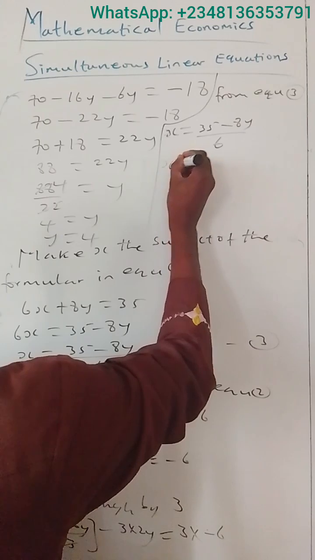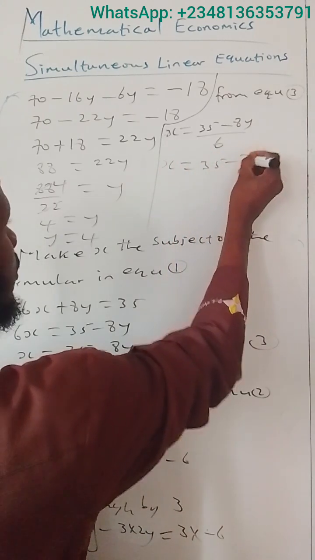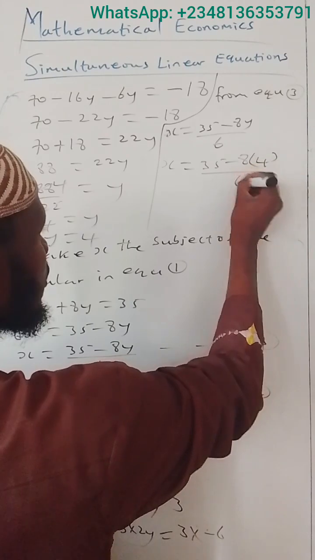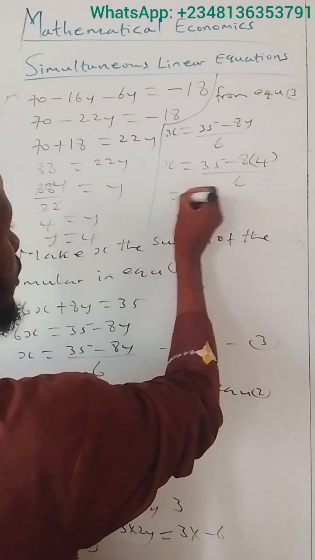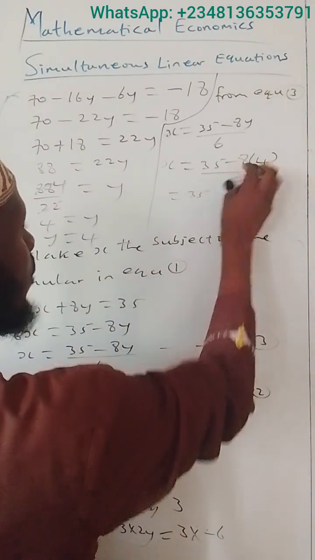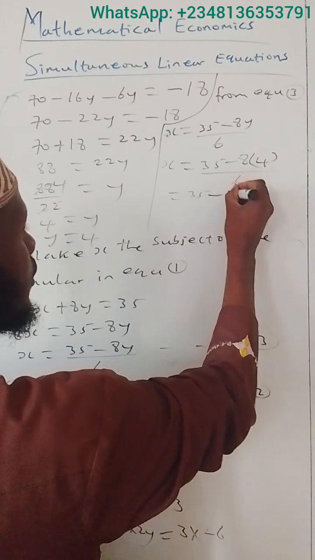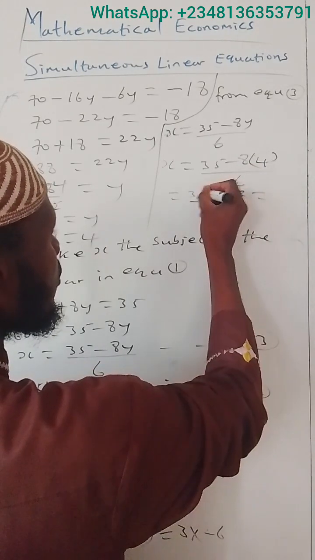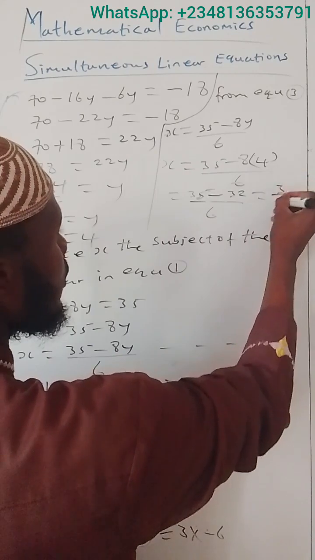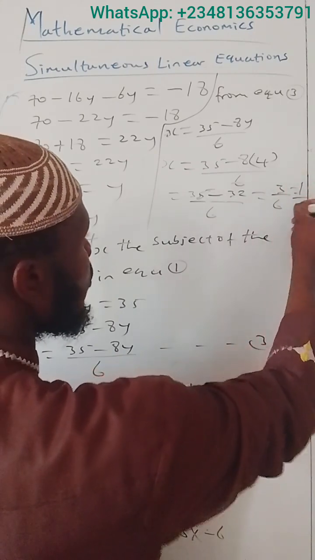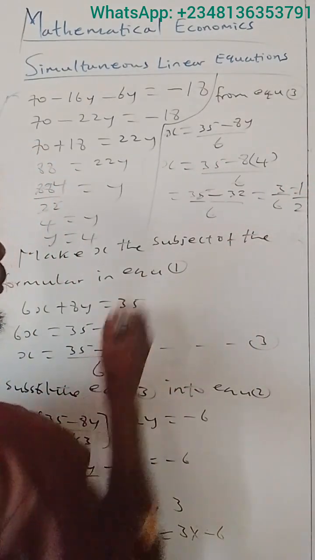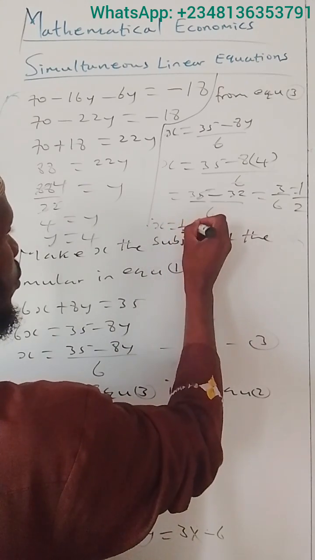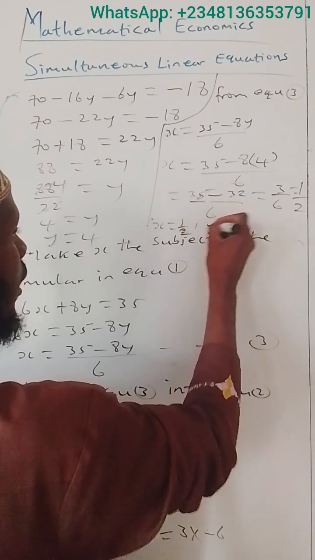Then we have x equals 35 minus 8 times the value of y, which is 4, over 6. Then this equals 35 minus 8 times 4, that is 32, over 6. 35 minus 32 is 3 over 6, which is equal to 1 over 2. That is the value of x. So in other words, x equals 1 over 2 and y equals 4.